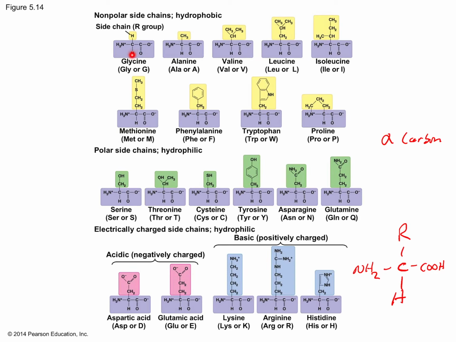Okay, so a couple of things I hadn't mentioned here in terms of primary structure. Remember what's common to every amino acid. In other words, what I'm highlighting right here makes up the backbone. So you see the nitrogen of an amino group here, and the carbon of a carboxyl group there.